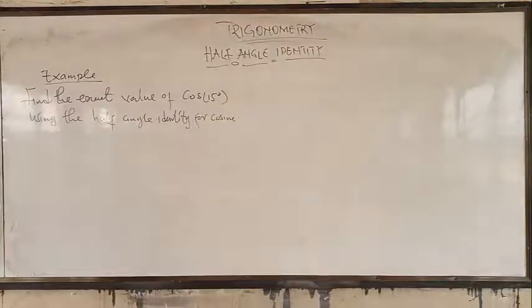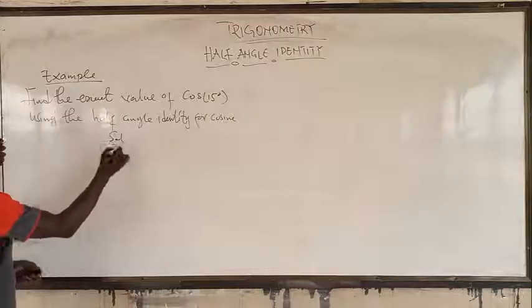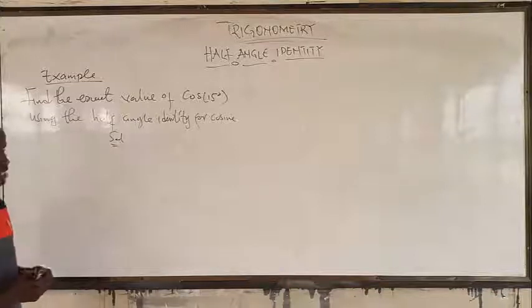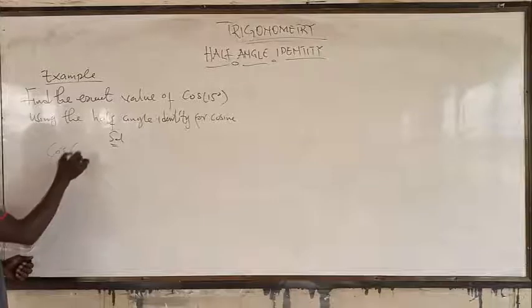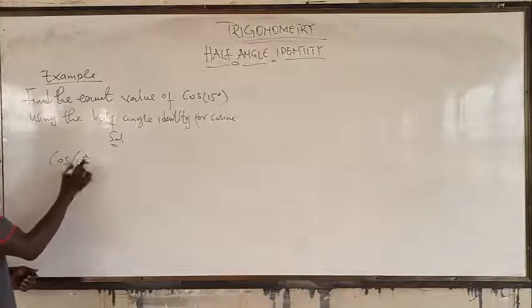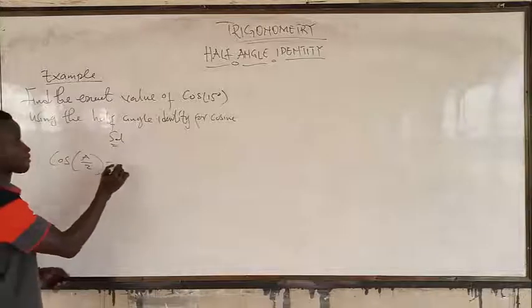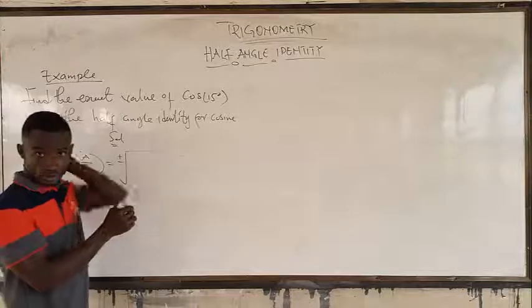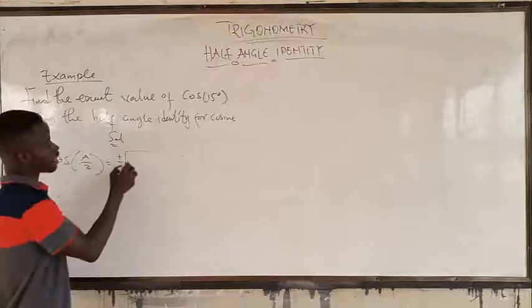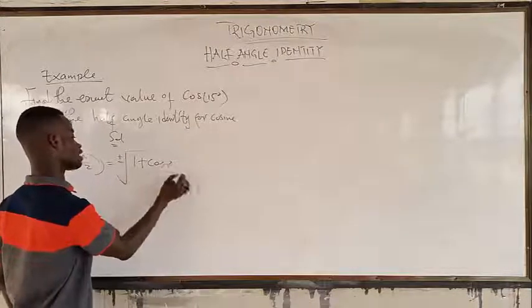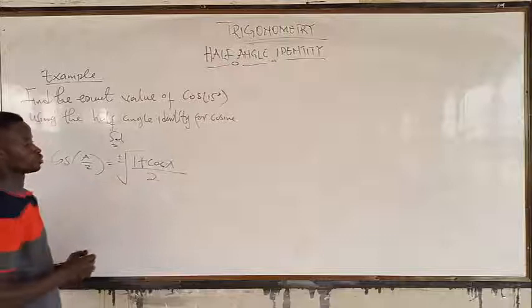Good. So let's look at how we do this. Find the exact value of cos 15 using the half angle identity for cosine. We know that the half angle identity for cosine is plus or minus the square root of 1 plus cos A over 2.